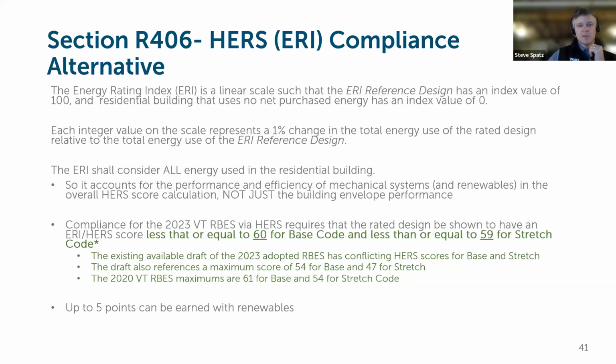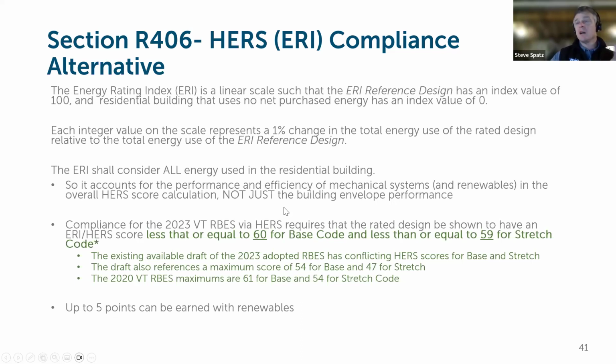So the HERS maximum threshold is what we're looking at when you're doing the HERS modeling and the HERS rating. That's the threshold to be hitting. There's unfortunately a contradiction in the language that's published and available right now for the 2024 RBES. This right here, 60 for base code and 59 for stretch, is what we believe to be the maximum HERS score for the 2024 RBES.